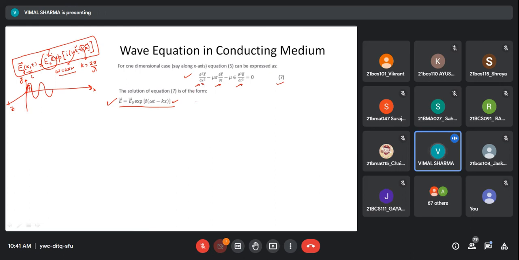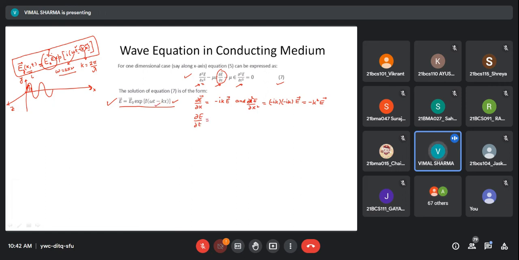If I differentiate this with respect to x, the derivative of E with respect to x is minus i k, and the rest is the same, so I can write E. Differentiating one more time with respect to x, I get the double derivative of E with respect to x, which is minus ik times one more ik E, which is nothing but minus k square E. I also require the derivative of the electric field with respect to t.